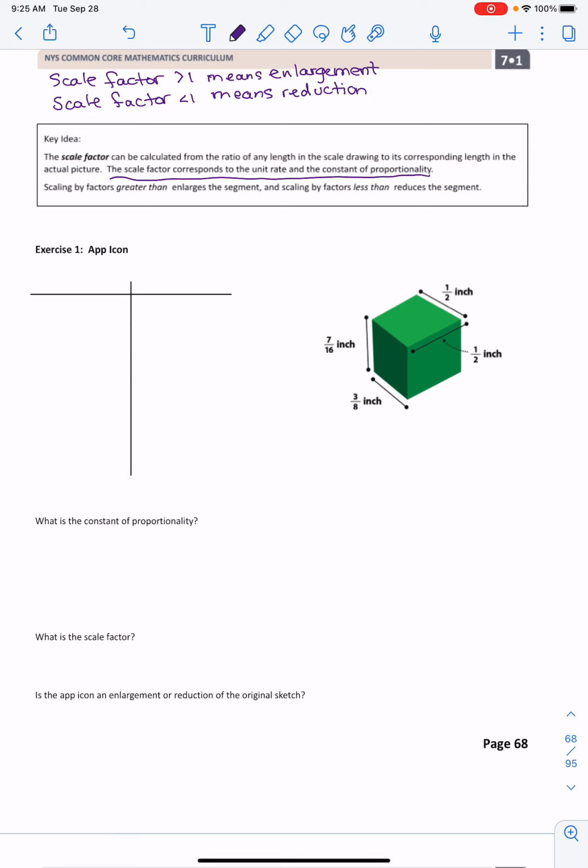So next, in exercise 1, if we take what Jake did and now he wants to shrink his sticker, so we go back to the original. And we have a new drawing for his app. So if the original drawing is 1 inch, then it becomes 1/2 inch.